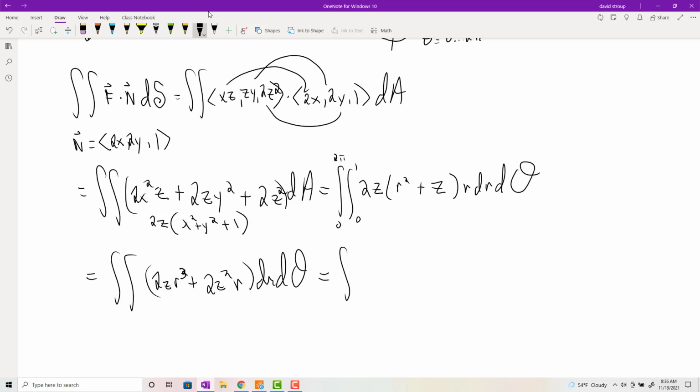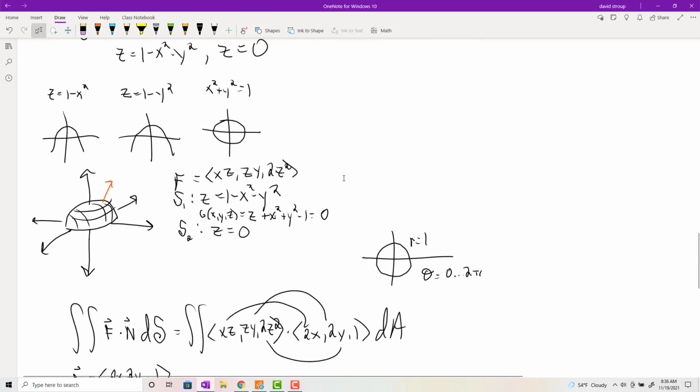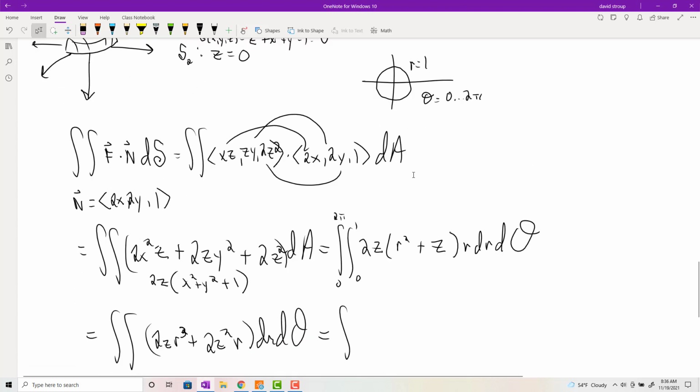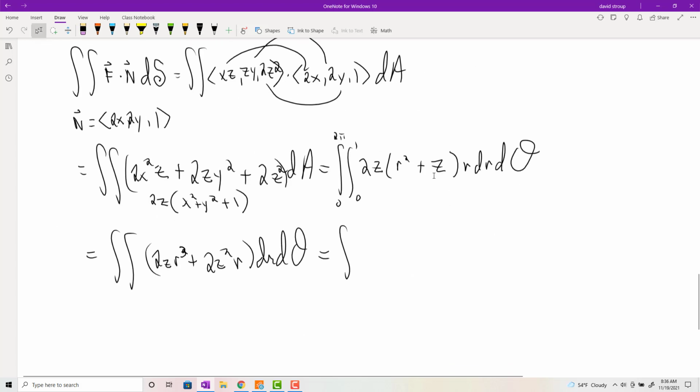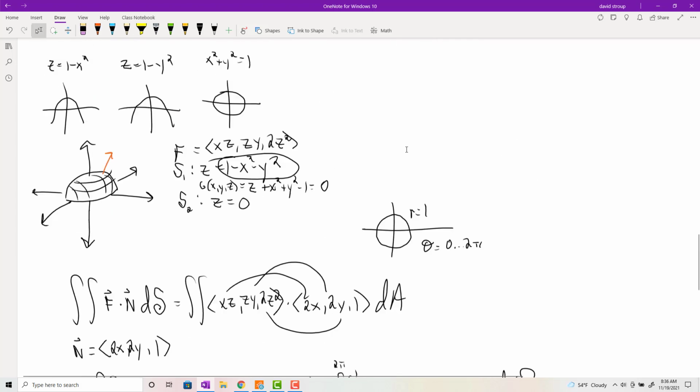And then it's going to be integrating. Oh, we have to get rid of the z. That's the problem. Okay, so z is equal to 1 minus x squared. See what I mean? Alright, so, yeah, let's keep that z on the outside for right now. So it's 2 times 1 minus x squared. Z is 1 minus r squared, right?